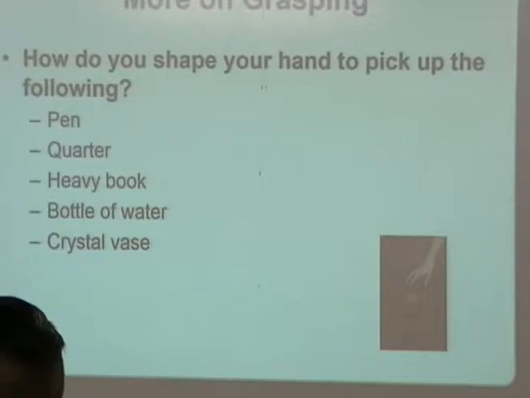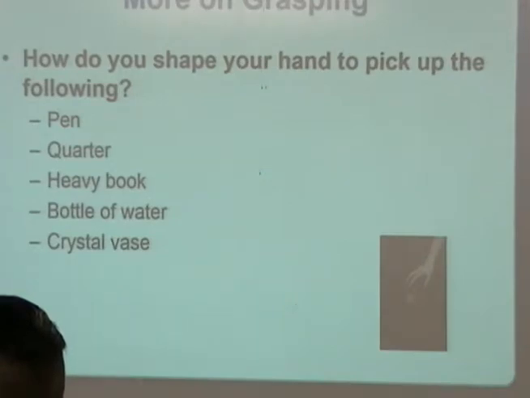So let's think about what we see as we get older, right? Because we grasp all the time as adults. So part of what we're going to see coming in the reach is the fact that we as adults don't touch objects before we pick them up, generally. Right? We walk over, we pick it up, we keep going, we don't even think about it.